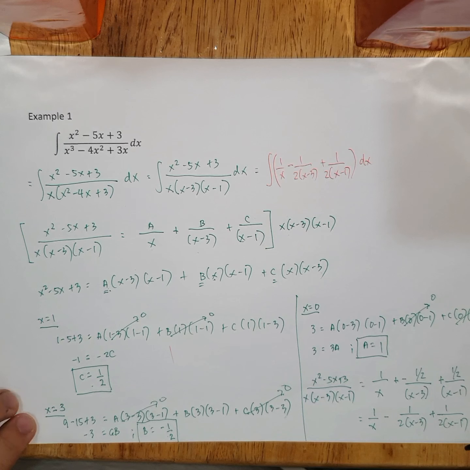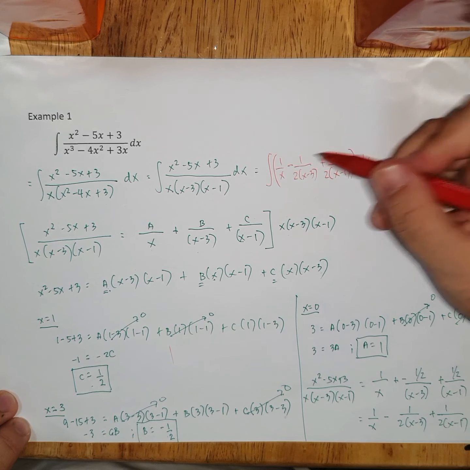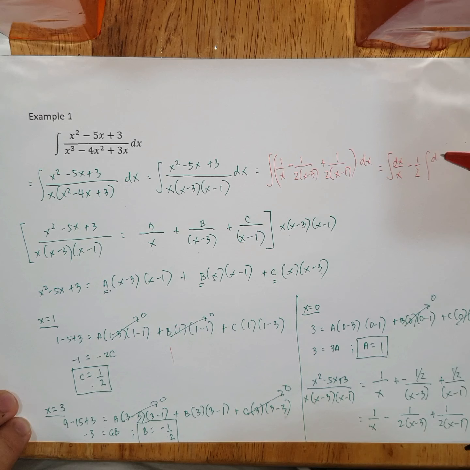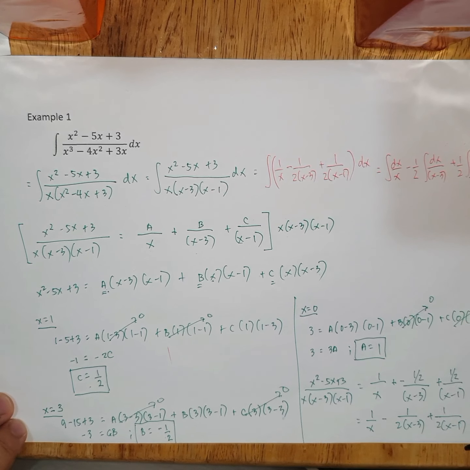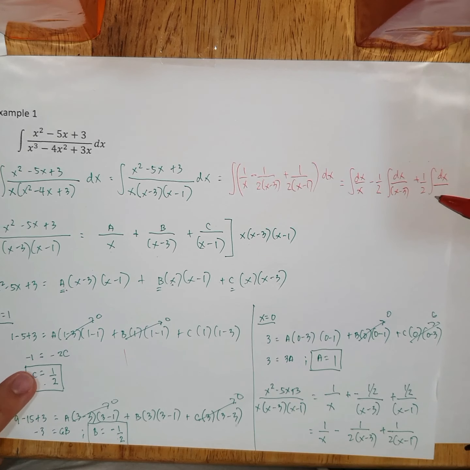Okay, so ito, distribute natin yung dx sa each integral, each term. So we have dx over x minus 1/2 integral of dx x minus 3 plus 1/2 dx over x minus 1.